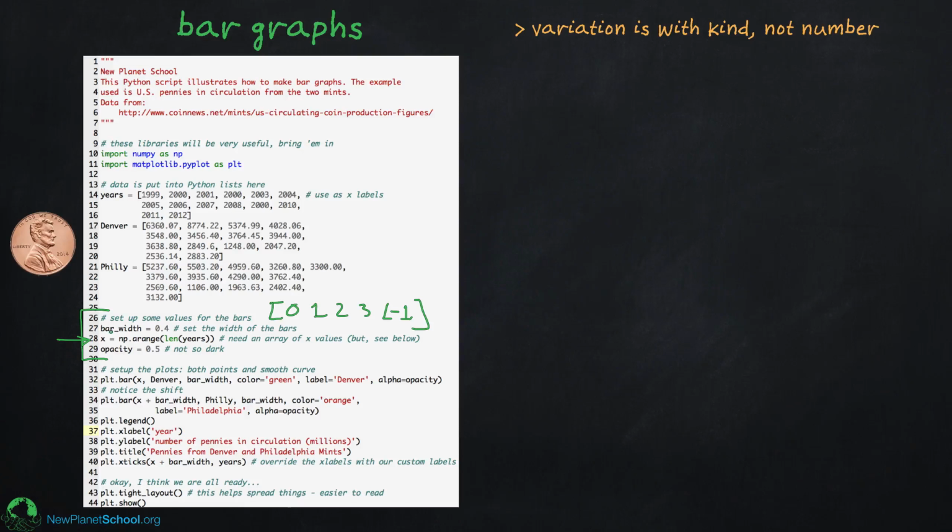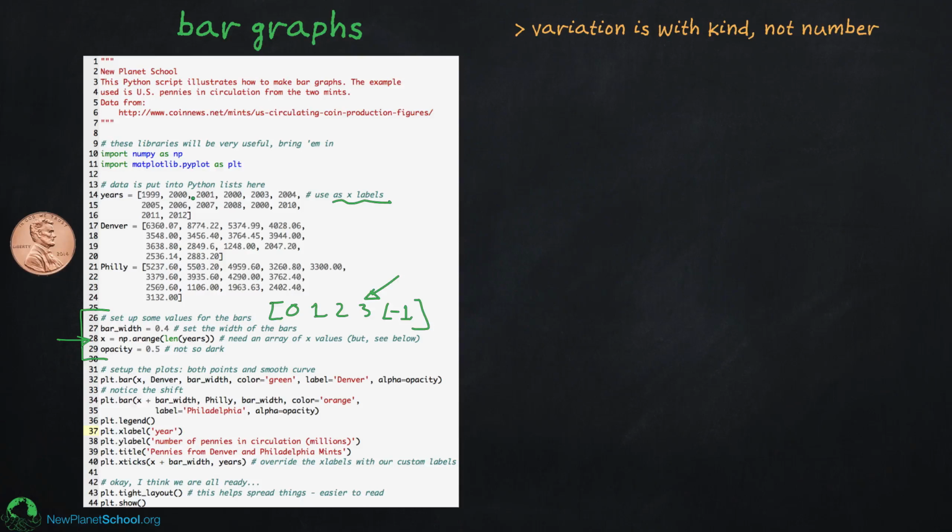Now, why do I need x when I have this list up here to plot against? The reason is that when you do a bar graph, this is what it's actually going to use for the x-axis. It's actually going to be plotting things at 0, 1, 2, 3, but what I'm going to do is use these as the labels. So even though they're numbers, they actually could be anything. They could be strings.